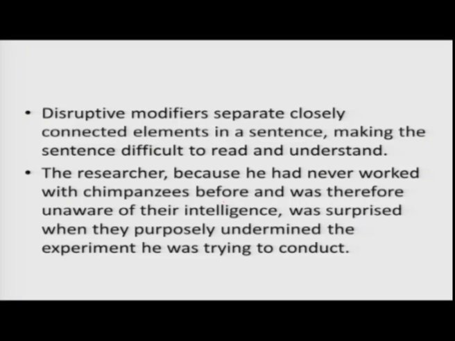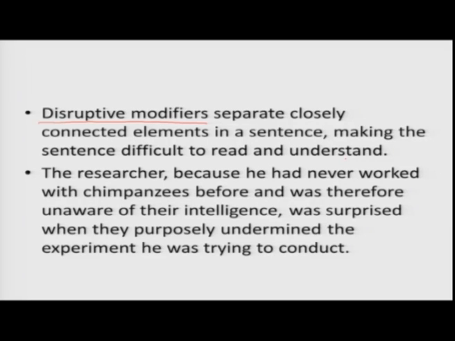The next issue is what we call disruptive modifiers. They separate closely connected elements in a sentence, making the sentence difficult to read and understand. We observed earlier that you should not break up a sentence by placing a modifier in between, and sometimes it makes the sentence ungrammatical as well.